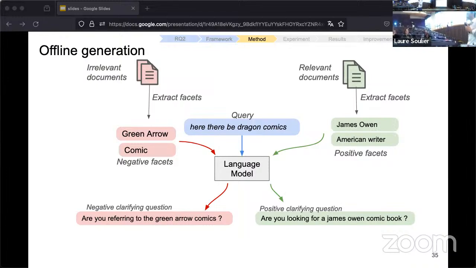So, experiment. We evaluated both if the clarifying question was useful given the query, yes, and also if the clarifying question is representing the original passage. We performed this randomly on what we call the irrelevant passage, but also the relevant passage.